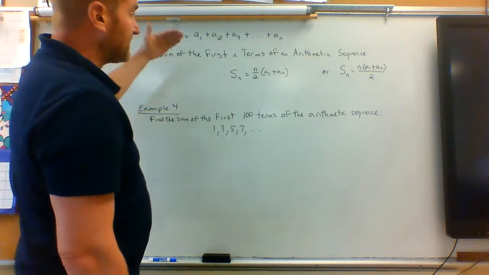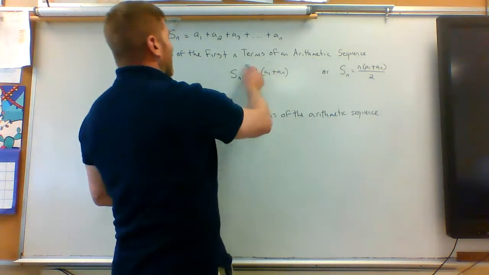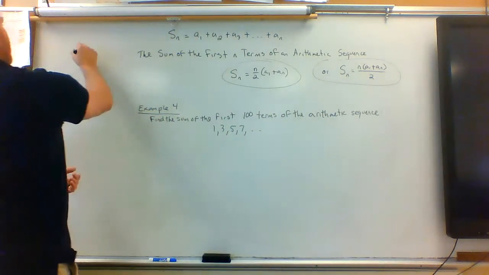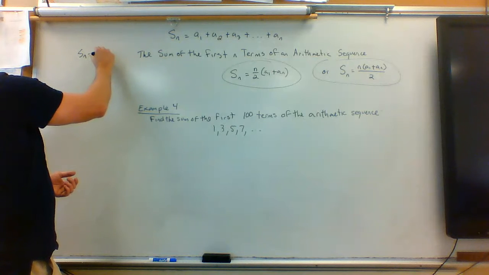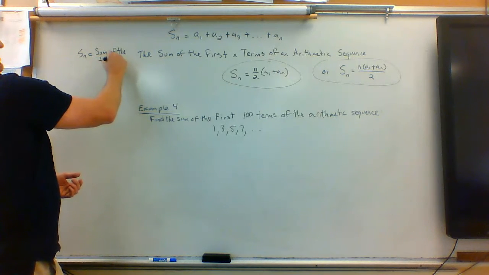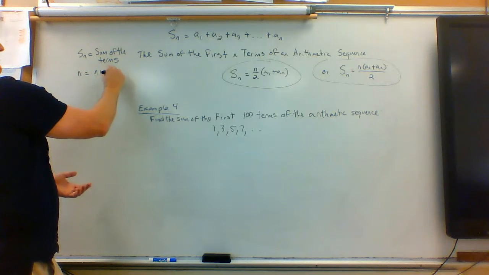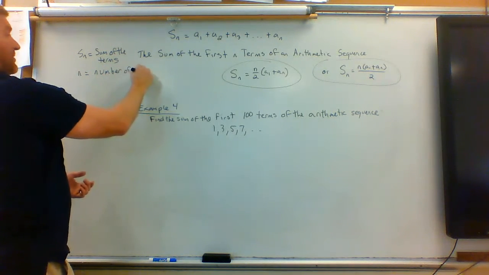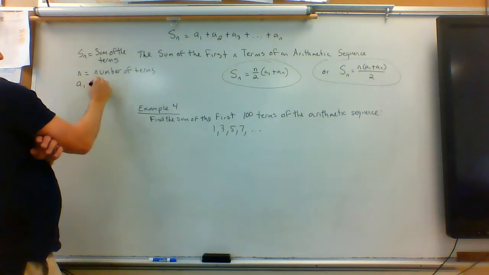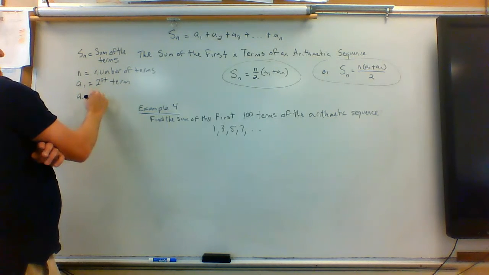If it's an arithmetic sequence, we can find the sum by simply applying one of these formulas here. S sub n is the sum of the terms, n is the number of terms, a sub 1 is still your first term, and in this case, a sub n is going to be the last term.